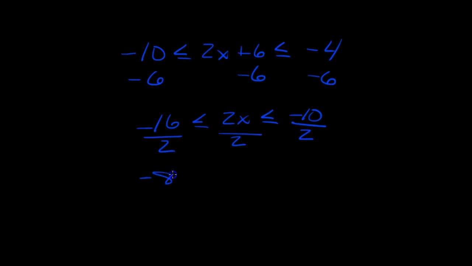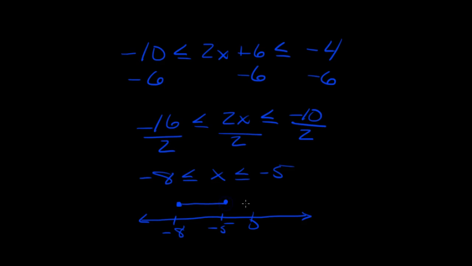We get -8 is less than or equal to x, which is less than or equal to -5. In terms of graphing the solution set, here's 0, here's -5, here's -8 farther down the line. Since these are both equal to's, we're going to put a closed circle over -8 and a closed circle over -5, and then we're going to connect the dots. And that means that all of our solutions are between -8 and -5.